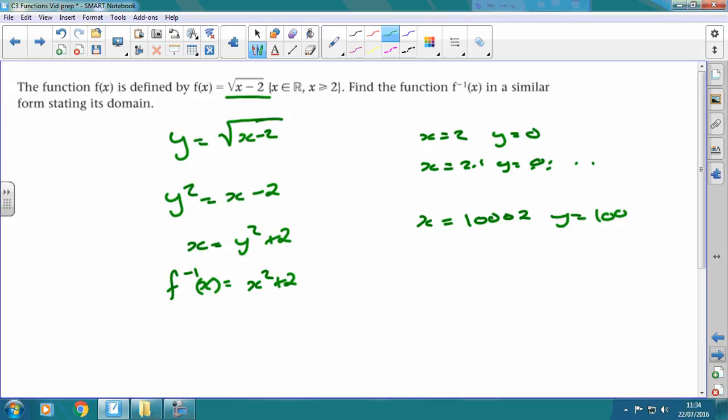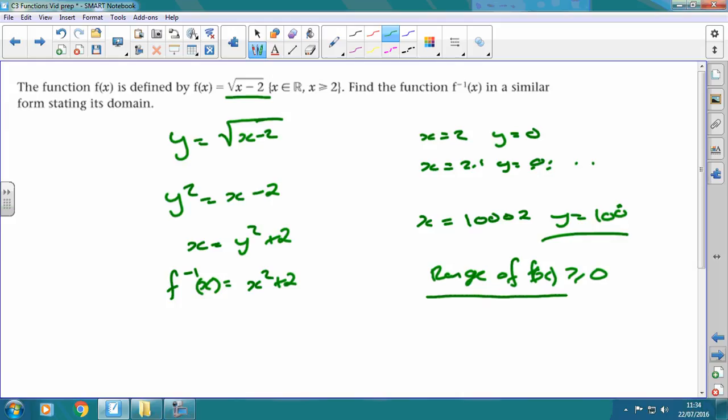So obviously the y value keeps getting bigger. So the range of f of x is going to be greater than or equal to 0.